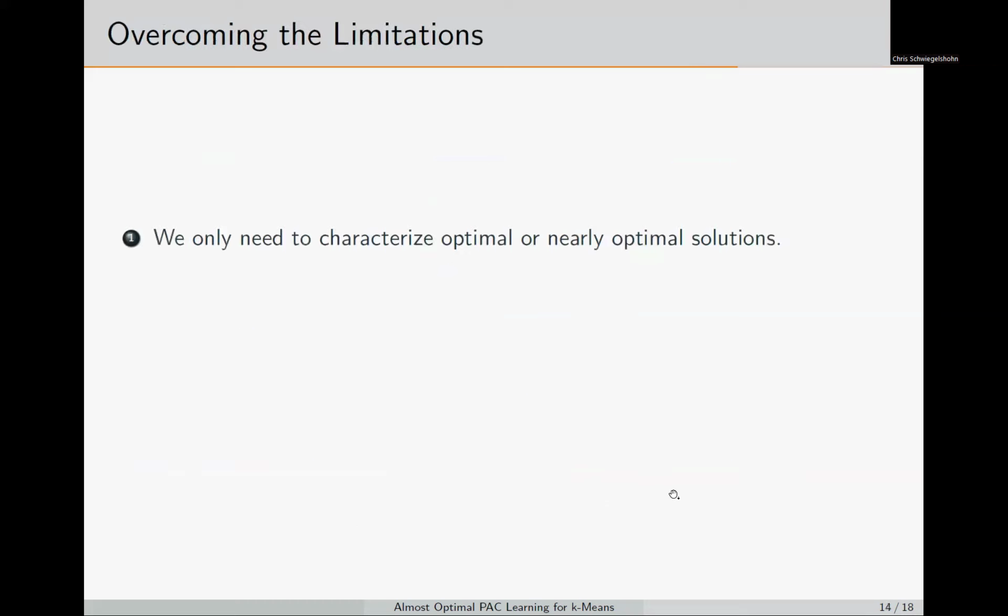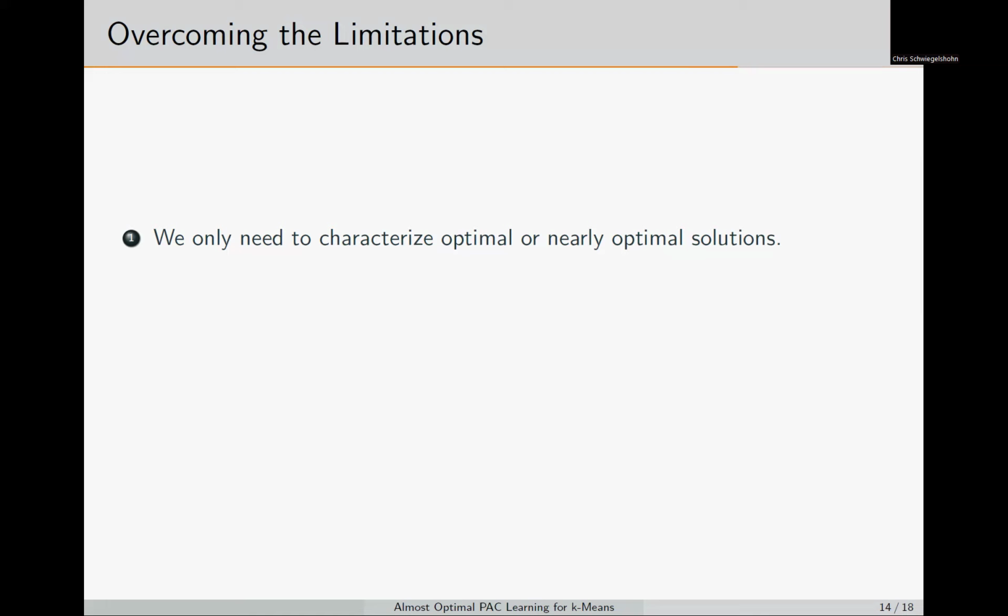Right. So how do we do it? Because Johnson-Lindenstrauss turns out to be optimal for the type of guarantee that we're looking for, so we have to do something different. The important insight throughout our work that allows us to overcome what Johnson-Lindenstrauss is limited by is that we are only aiming to characterize optimal or nearly optimal solutions.